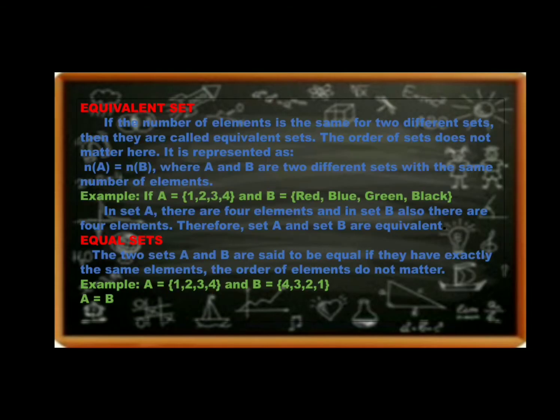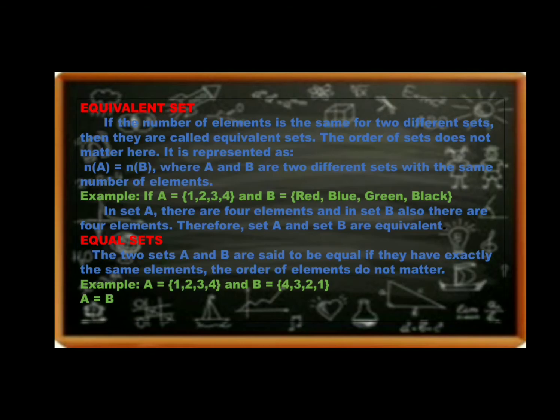And now, let's move on to the difference between equivalent sets and equal sets. Equivalent sets: if the number of elements is the same for two different sets, then they are called equivalent sets. The order of the elements does not matter here. It is represented as n(A) = n(B), where A and B are two different sets with the same number of elements.